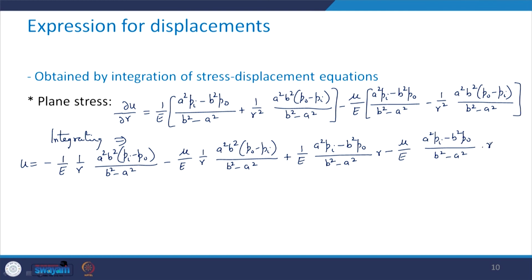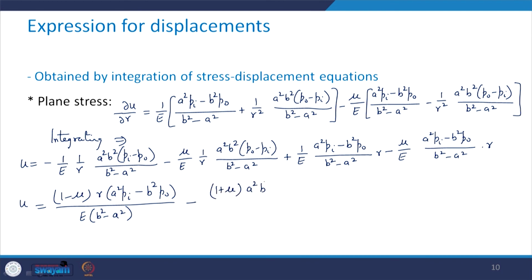Just solve this and you will get this expression in this form: u equals (1 minus mu) r (a square pi minus b square p naught) divided by E times (b square minus a square) minus (1 plus mu) a square b square (p naught minus pi) divided by E times (b square minus a square) into r. This is going to be equation number 12.